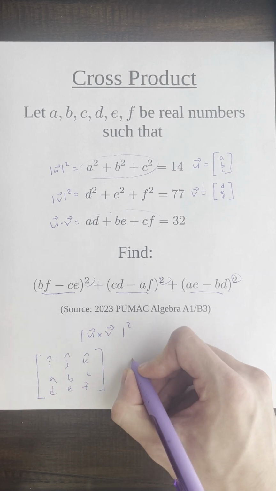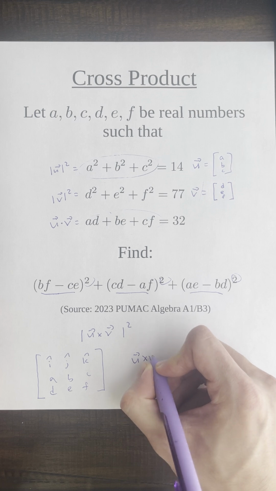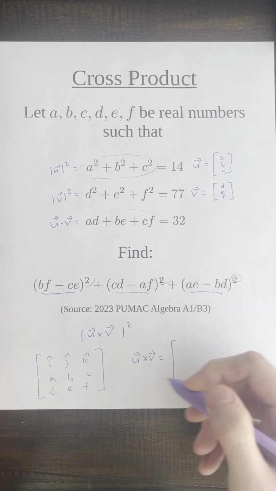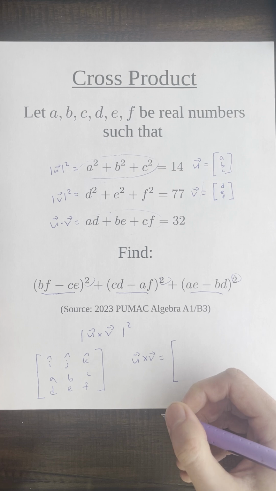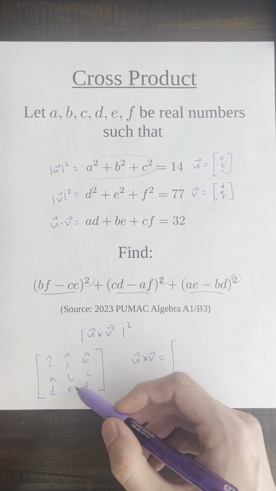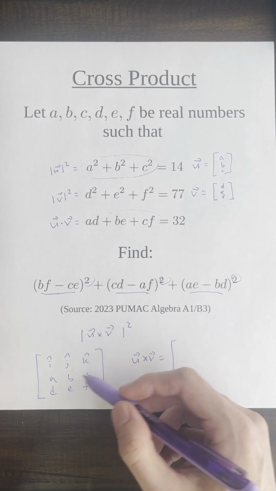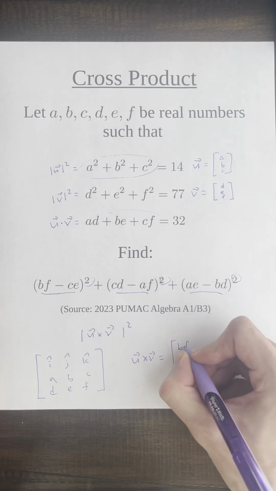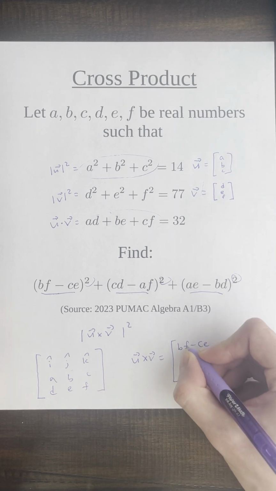Okay, so what's the cross product? What am I going to do with i hat? It's going to be the determinant of this submatrix, so BF minus CE will go here.